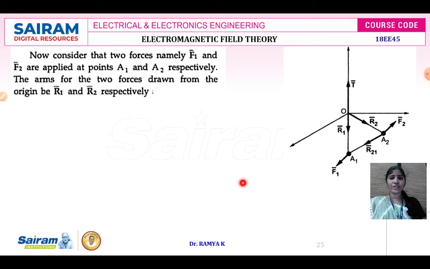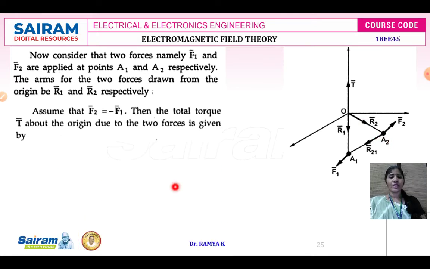Now, when you consider two forces, F1 and F2, at point A1, F1 is going to be exerted, and at point A2, F2 is going to be exerted. Looking at the direction, both the forces are opposite to each other. The distance vector from origin O to point A1 is the r1 vector and the distance vector from point O to A2 is the r2 vector.